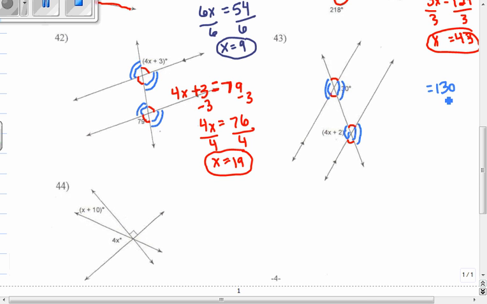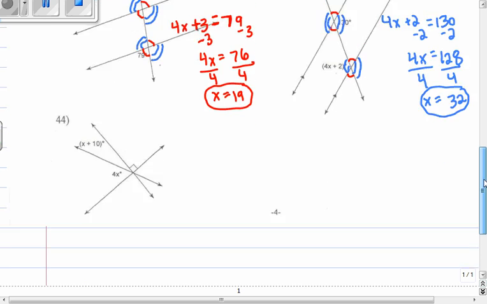So we have 130 is equal to 4x plus 2. So 4x equals how much? 128, which gives me x equals 32.